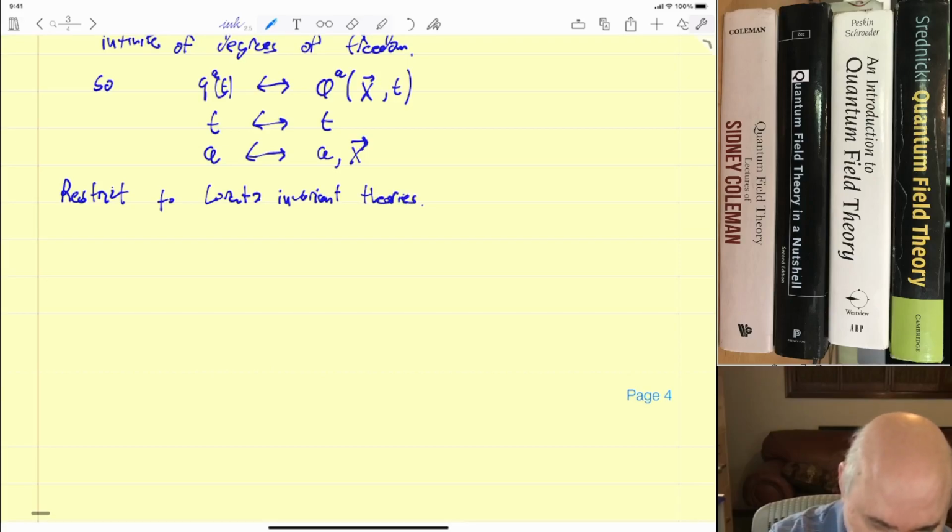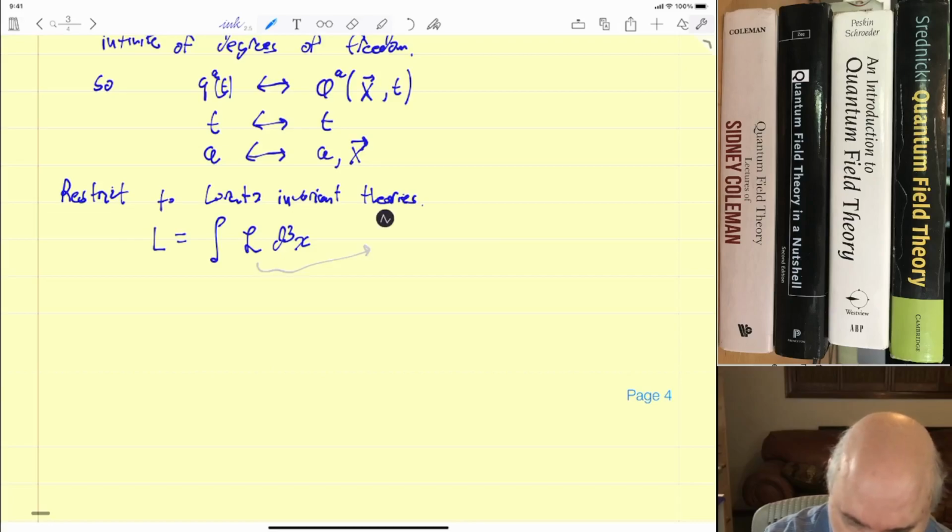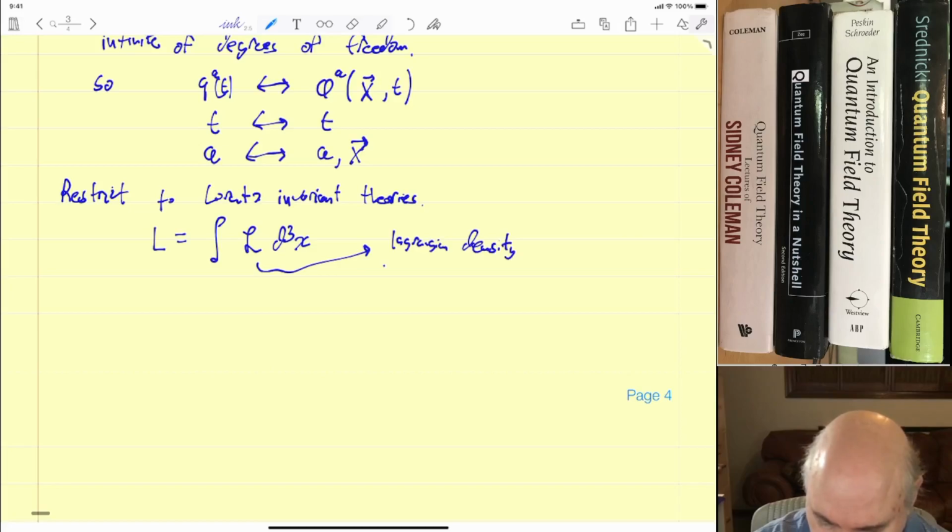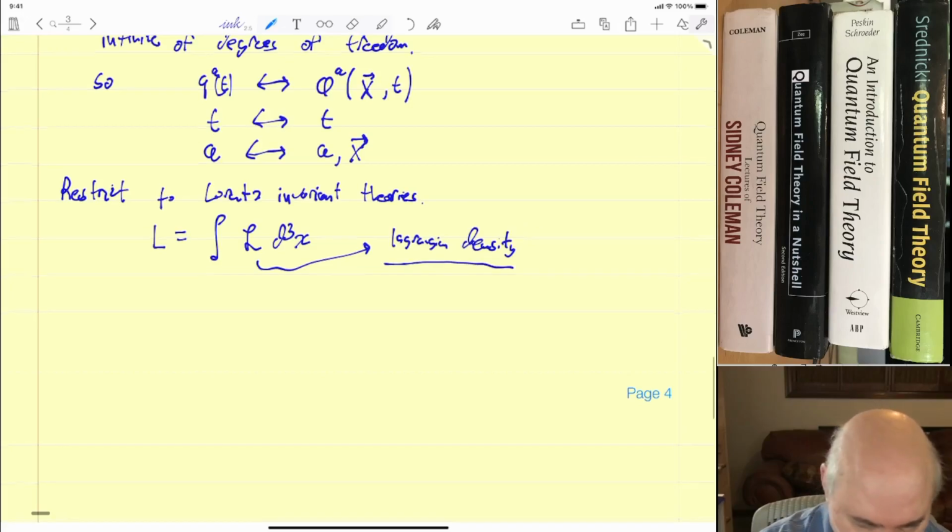And we'll do this by defining a Lagrangian as the space integral of a Lagrangian density. So we're going to integrate over all space. This is called the Lagrangian density technically, but you'll find in most field theory books that they'll just refer to it often as the Lagrangian. So don't let that freak you out.